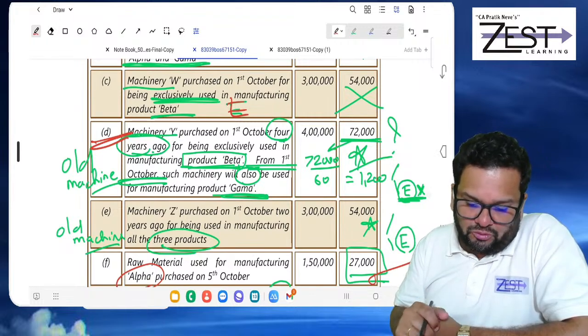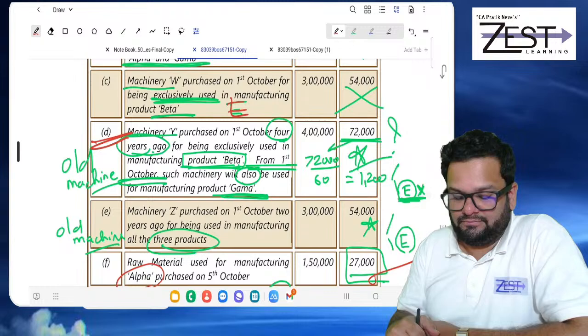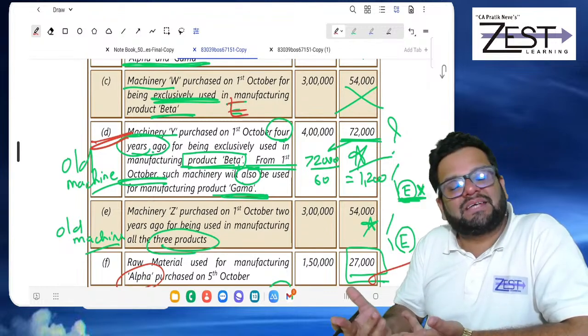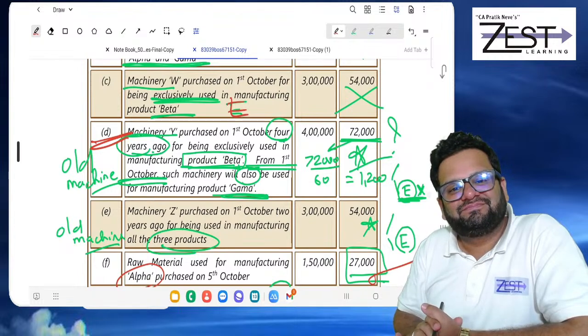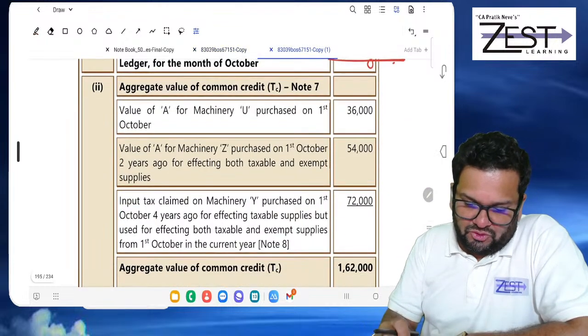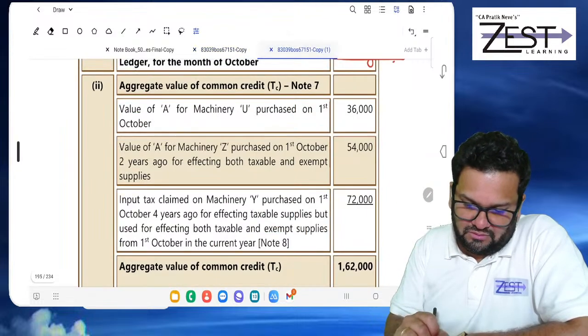From 1st October, such machine will also be used for manufacturing gamma. Anyways, gamma is taxable only. Okay. So what you do, neglect machine Y.